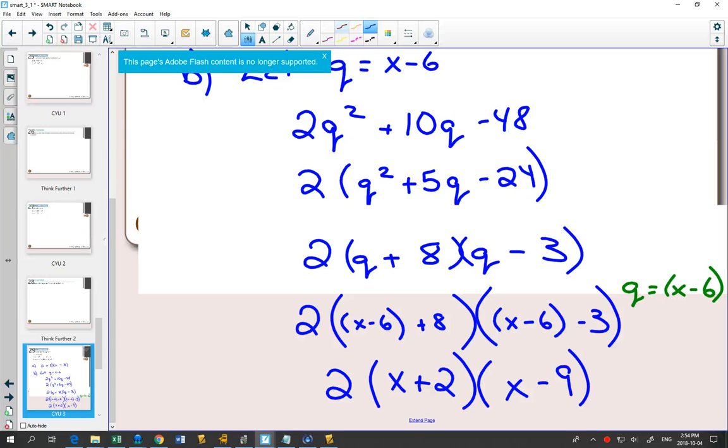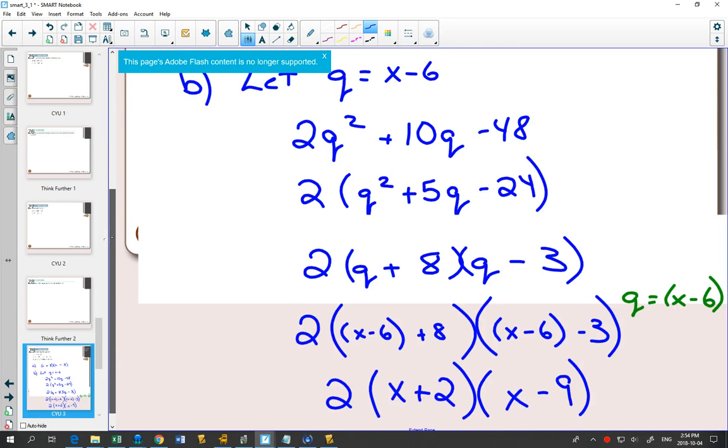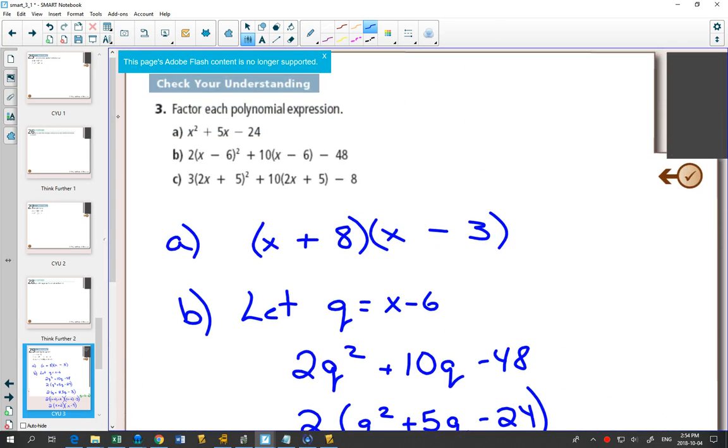How do we know when to do this strategy of substitution? Okay. First, if you notice the same thing in more than one place. So I have the x minus 6 there and the x minus 6 there. That's one hint that maybe I should use substitution. You can see in the next one that that same thing happens again.